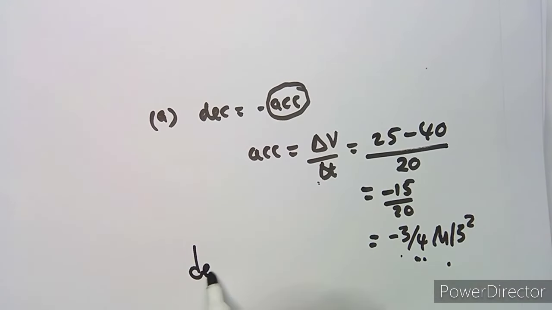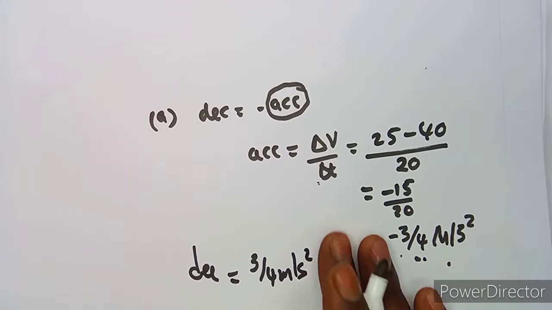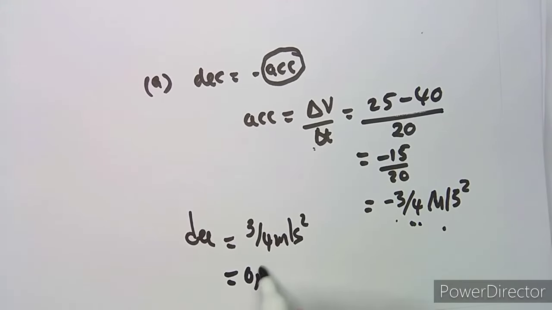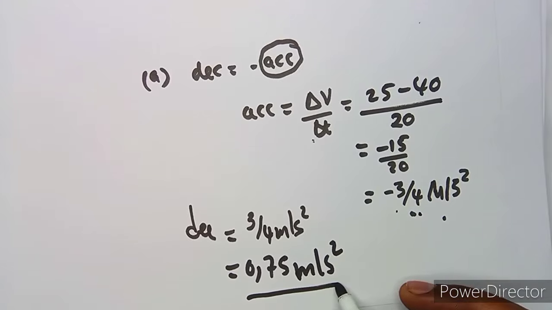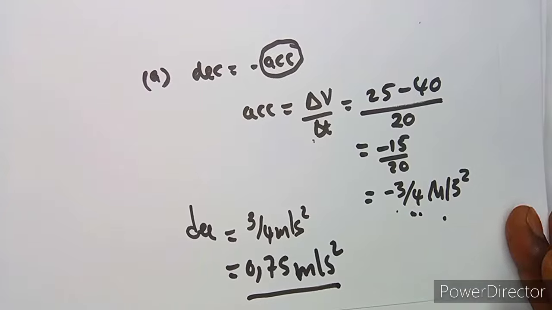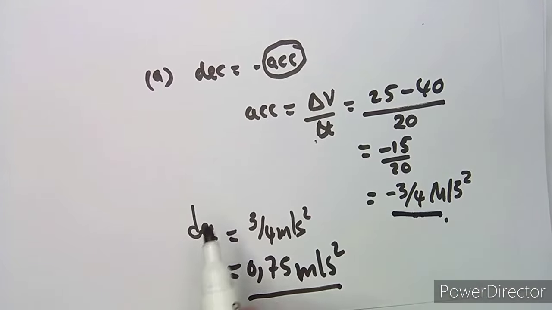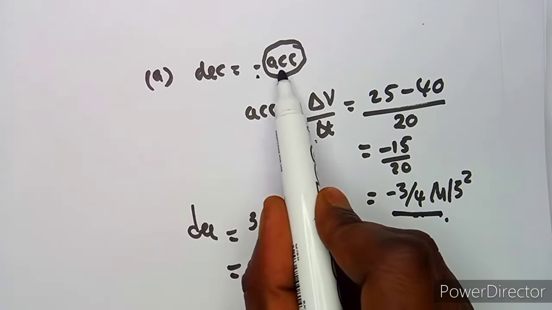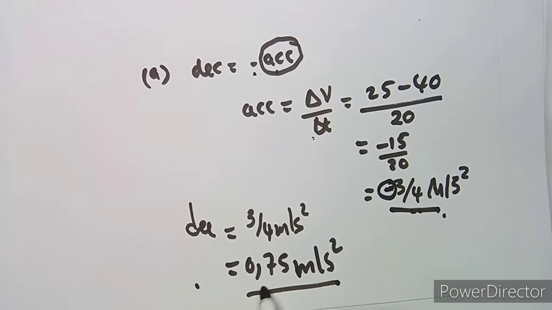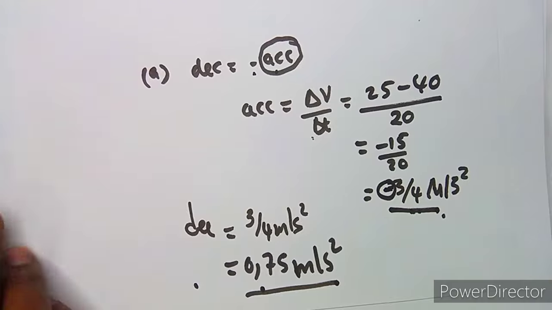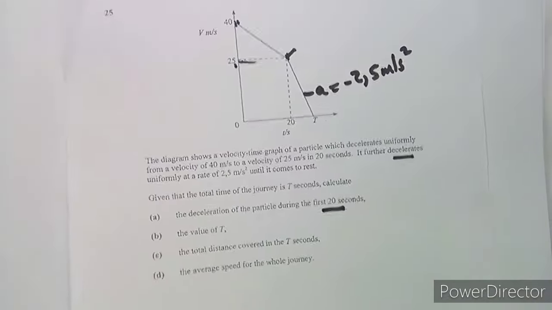So the deceleration is going to be 3 over 4 meters per square second, or as a decimal, 0.75 meters per square second. So acceleration, then deceleration, we said, is negative acceleration, which means you multiply your answer by a negative to write it as a deceleration. Okay, so that's it.